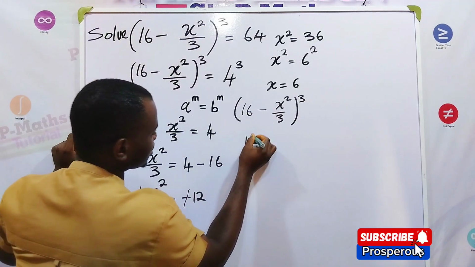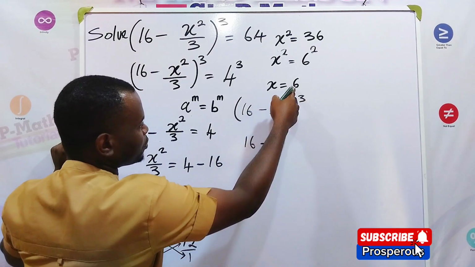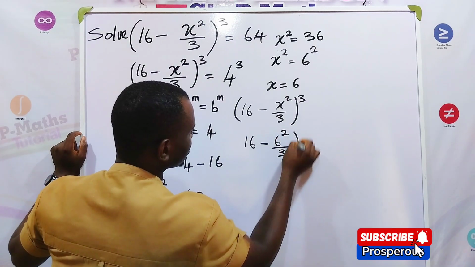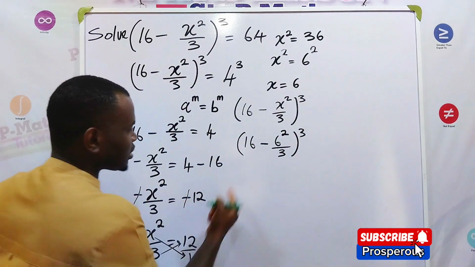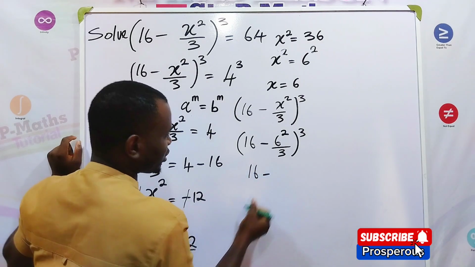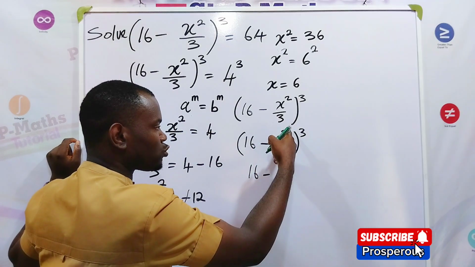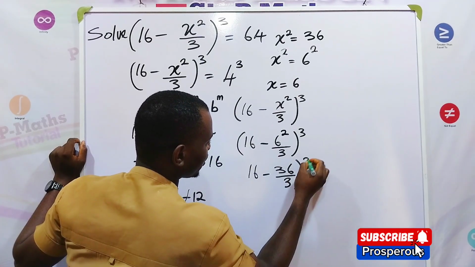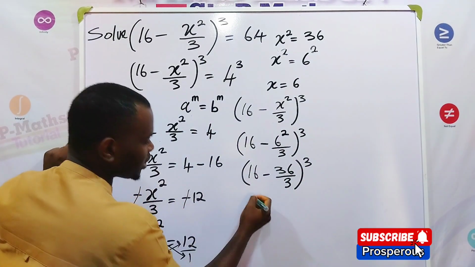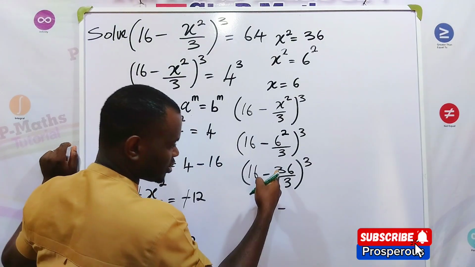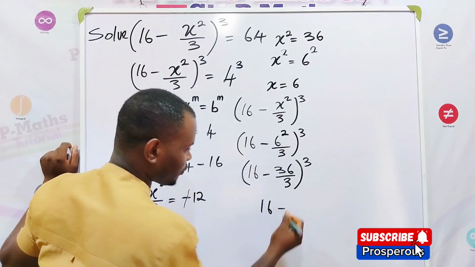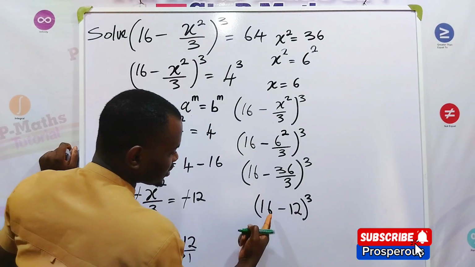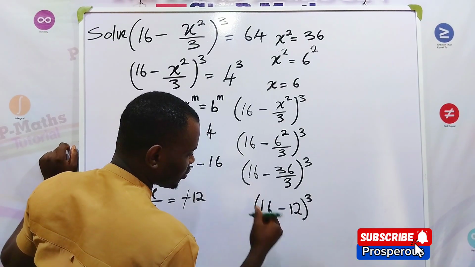Putting 6, we have (16 minus 6 squared over 3), all to the power of 3. 6 raised to the power of 2 is 36, so I have 36 over 3, which gives us 12. Then 16 minus 12 will give us 4.